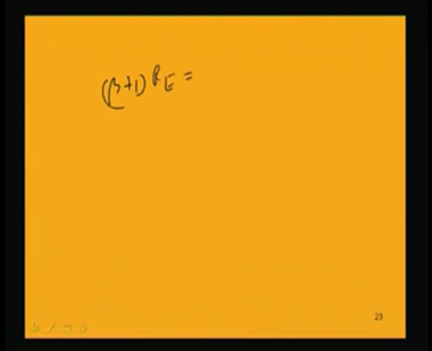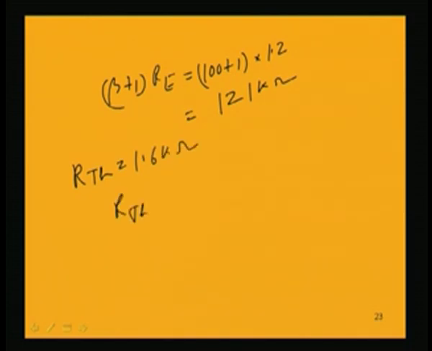Beta in the first case is 100, plus 1, into RE of 1.2 K, that is 121 kilo ohm, and the value of R Thevenin is 1.6 kilo ohm. So, one value is 1.6 K, the other is 121 K. So, R Thevenin is very much less than this, which means our design specification has been already met.